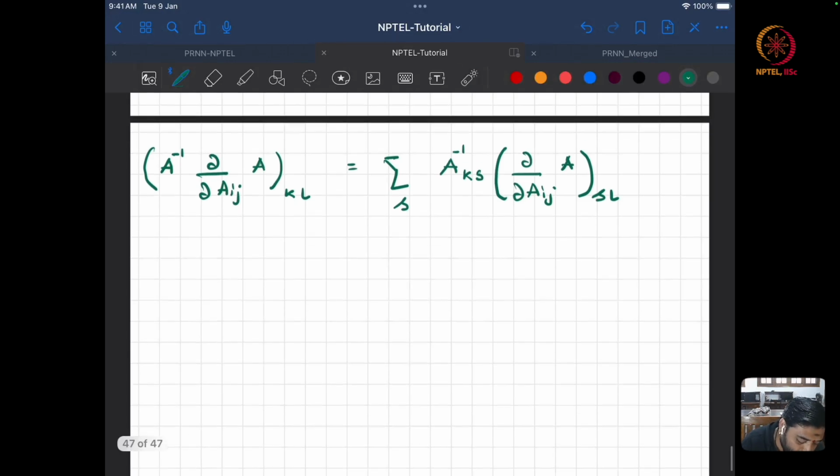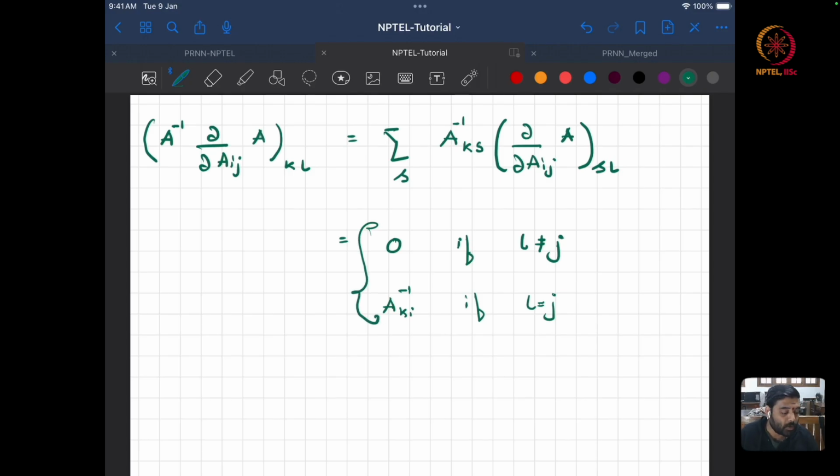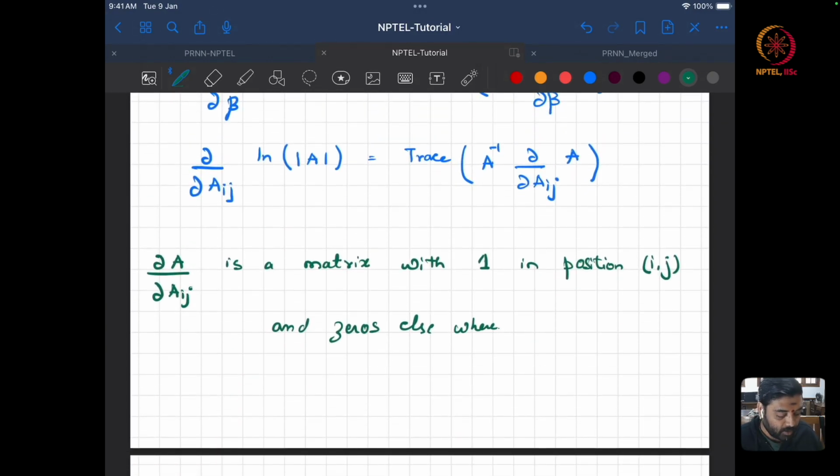Okay, now this will be 0 if L is not equal to J, and A inverse KI if L is equal to J. By construction, now I am able to obtain the element. Now I will be able to get the trace very comfortably. Okay. Now getting the trace is not at all a difficult thing.